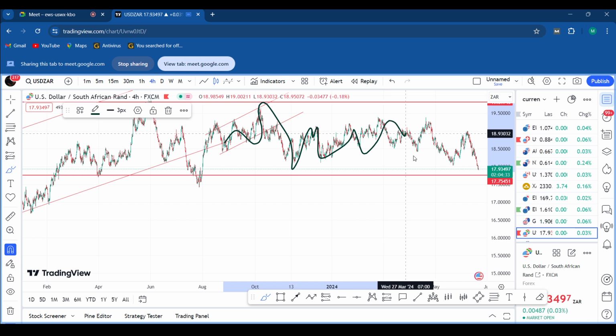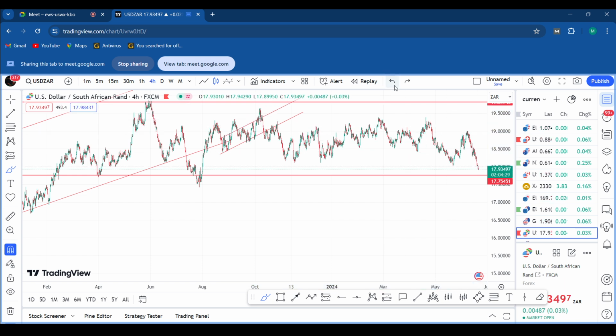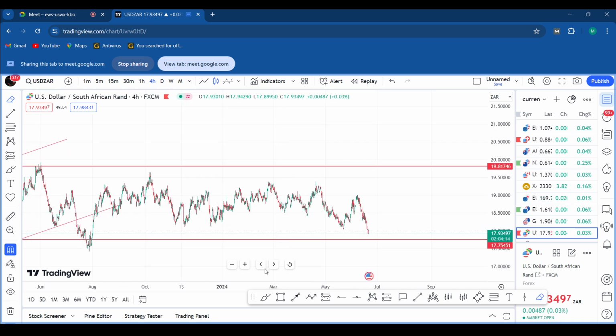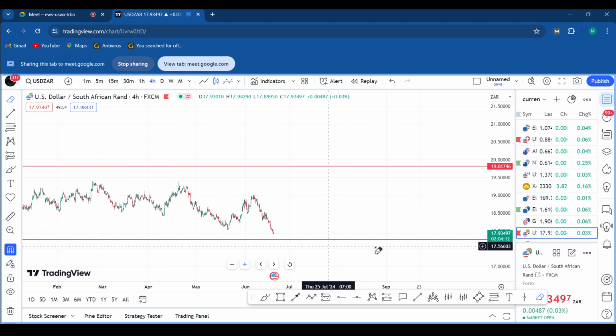But the market has just been playing in this manner, guys. It does not actually have a clear direction. So what we do from here is we're just gonna remove this. We don't wanna be putting too many things on the chart, so let's just dive where the market is currently playing right now.